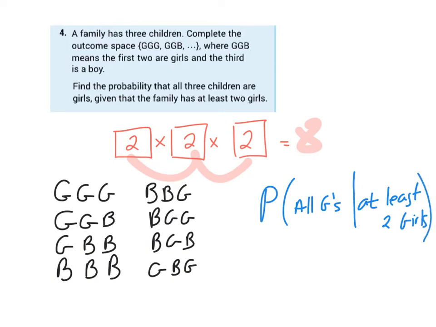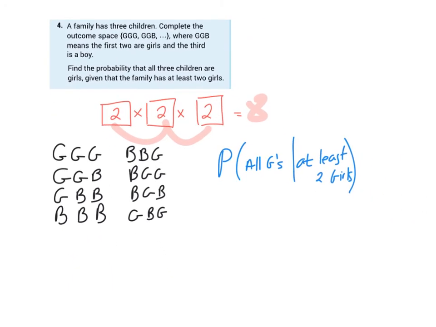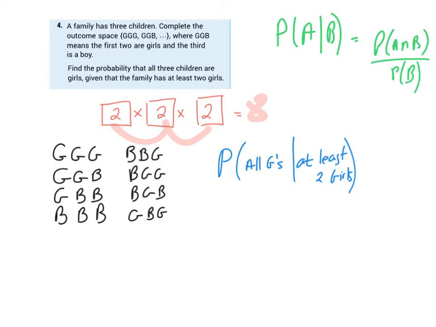Okay, so we go back to the probability of A given B is the probability of A intersection B all over the probability of B. Okay, so these 2 intersected.